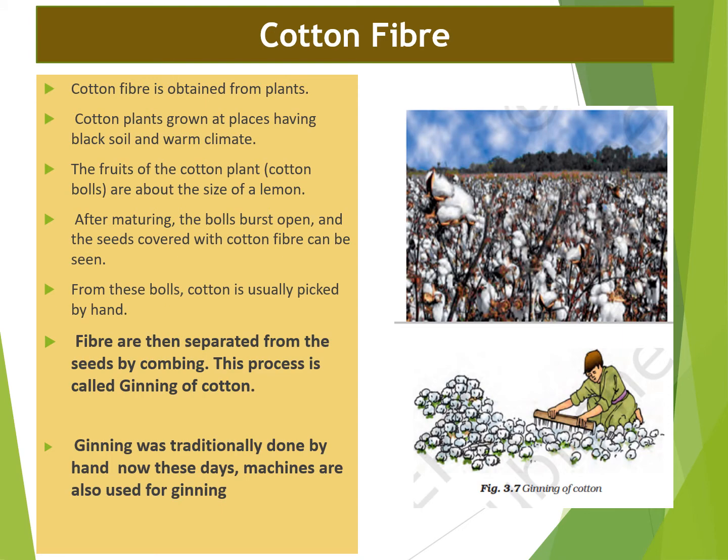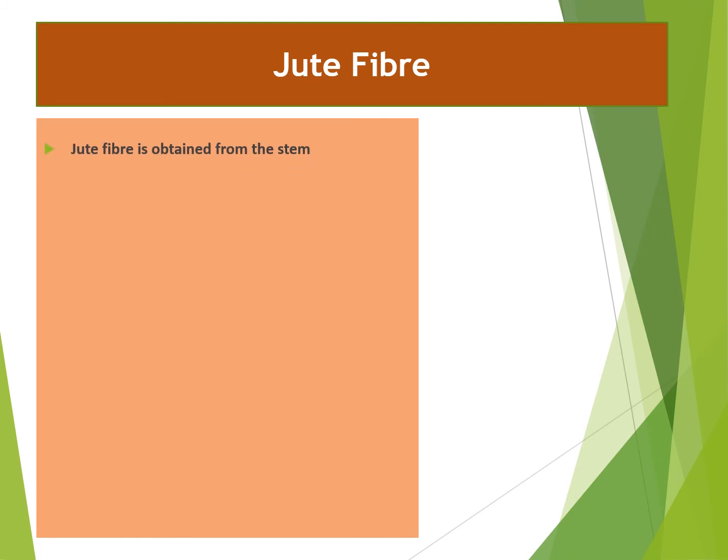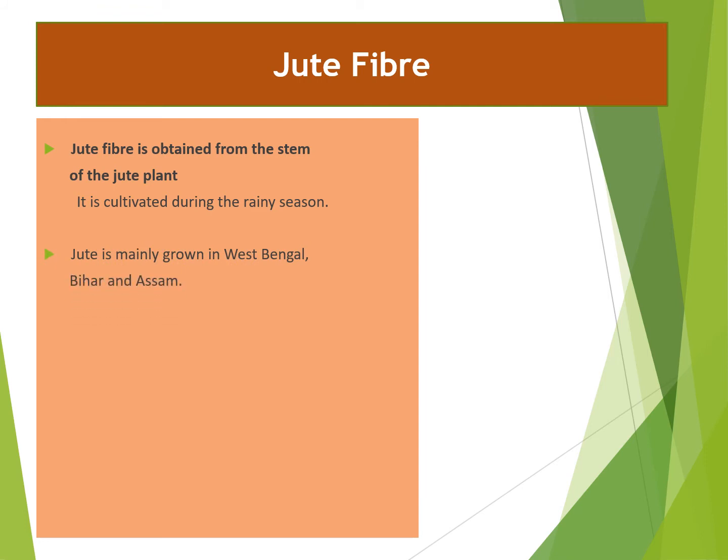Now we will understand about another natural fiber, that is jute fiber. Jute is obtained from the stem of the jute plant and it is cultivated during the rainy season. Jute is mainly grown in West Bengal, Bihar and Assam, and it is normally harvested at the flowering stage.